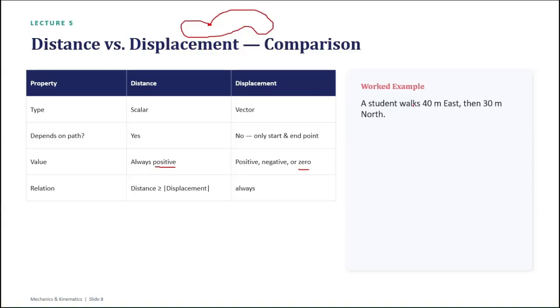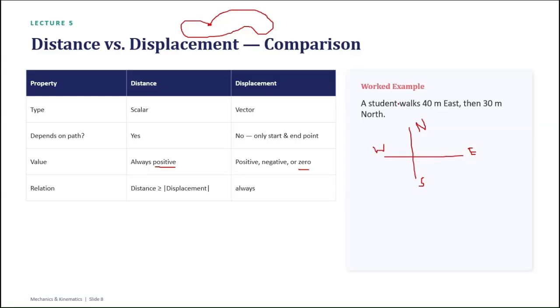A student walks 40 meters towards east, and then he moves 30 meters towards north. So we can make it like this. This is north, this is south, this is east, and this is west.